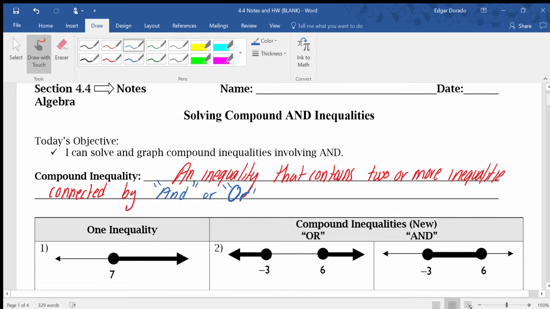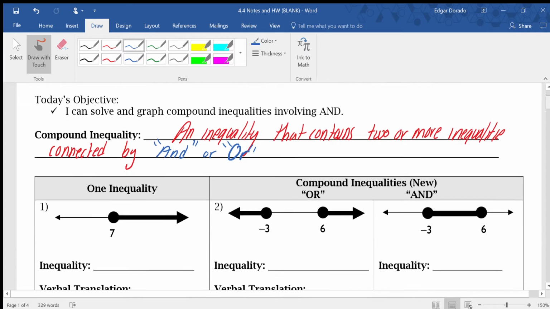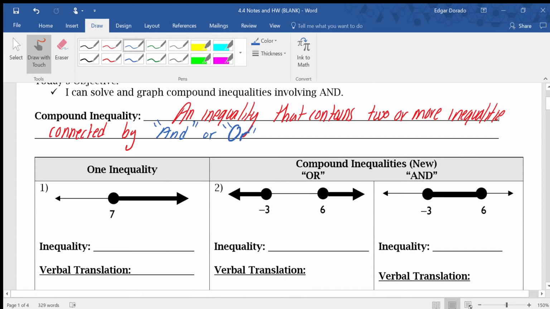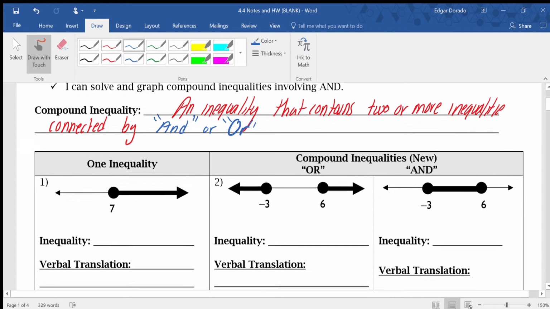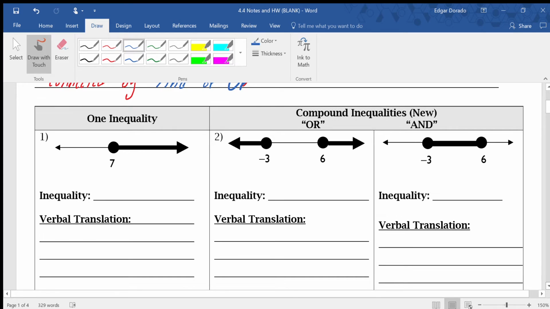So let's go ahead and recap on how we can figure out a regular inequality, then one of the compound inequalities that we did yesterday, which was the OR inequalities, and then today we're going to be talking about the AND inequalities. So let's go ahead and take a look at problem number 1. As you guys know, I always like to start off with an X and the number. Okay, in this case it's a 7.